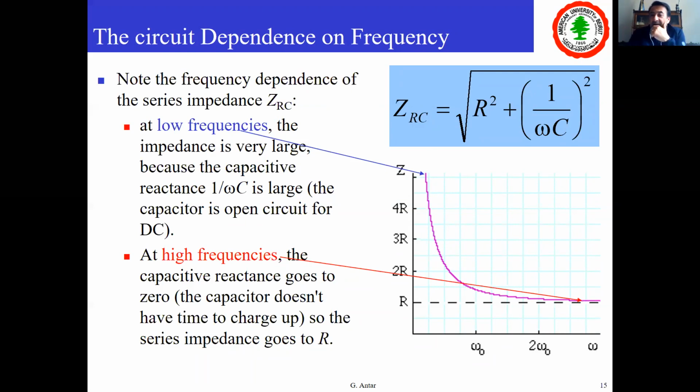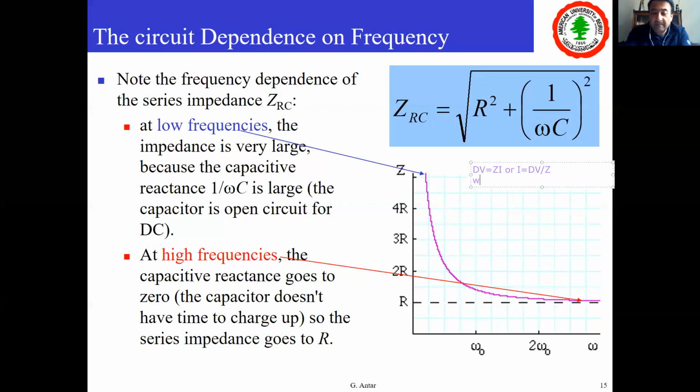Let's put it in this form here. Use this Z_RC. If omega tends to 0, 1 over omega tends to infinity. Consequently, my Z will tend to infinity. If I write delta V equal to Z multiplied by I, or in other words, I equal delta V divided by capital Z, then my I will tend to 0.